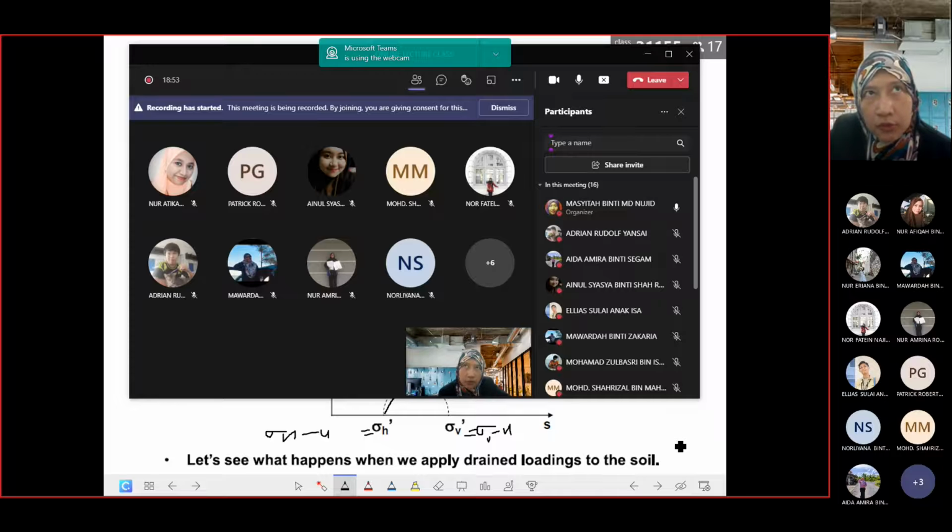Sebab saya rasa you all dah belajar soal mekanik, you all dah belajar geoteknik. Now it's an advanced subject daripada soal mekanik dengan geoteknik.